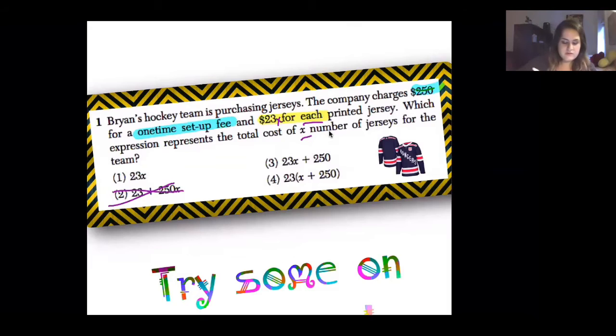First of all, choice 1 doesn't even have 250, so that can go away. Now, in between choices 3 and 4, I want 250 to happen one time. If I was to pick choice 4, I would have to distribute the 23 and multiply it by x and 250. I don't want that. So I'm going to get rid of choice 4 and go with choice 3.